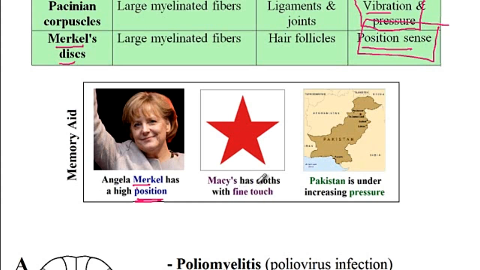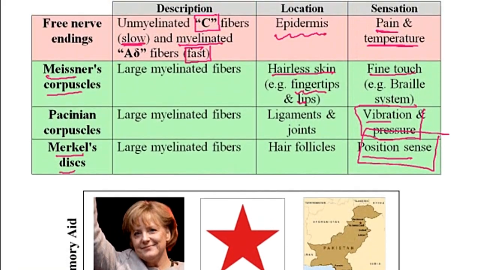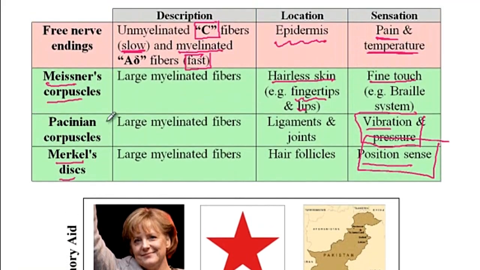So Macy's has clothes with fine touch. And then finally, with the Pacinian corpuscles, their function was for the vibration and pressure sensation. So the memory aid that I have for you here is that Pakistan is under increasing pressure. And so those are three memory aids to help you remember the function of the structures that are listed here.